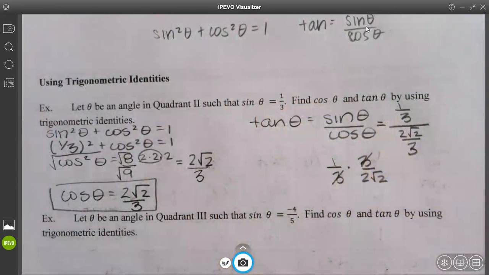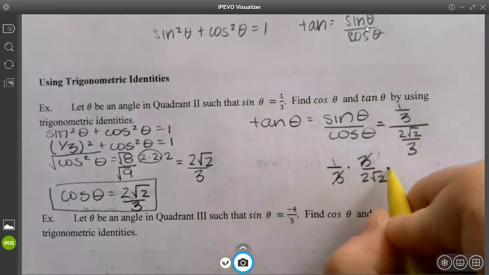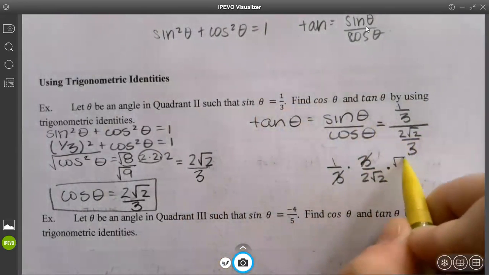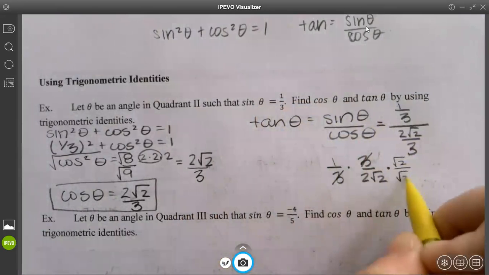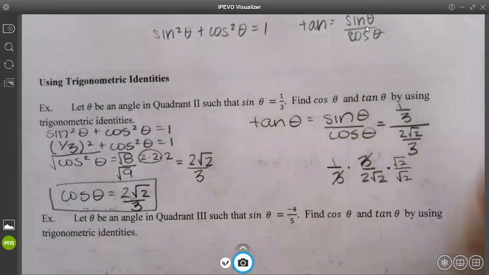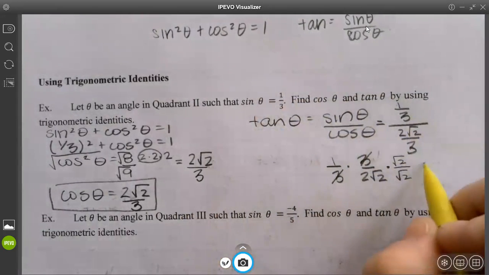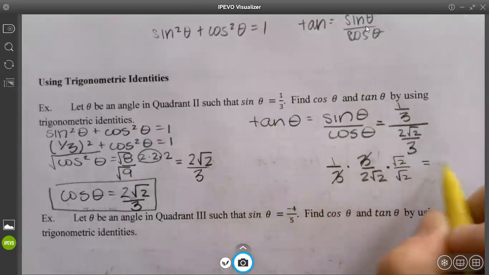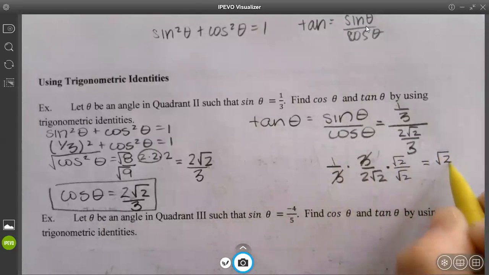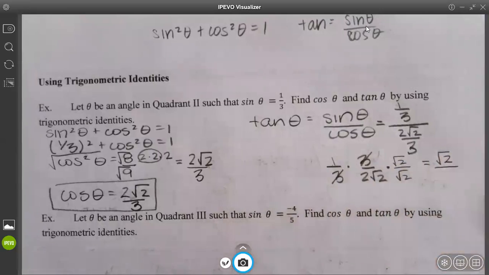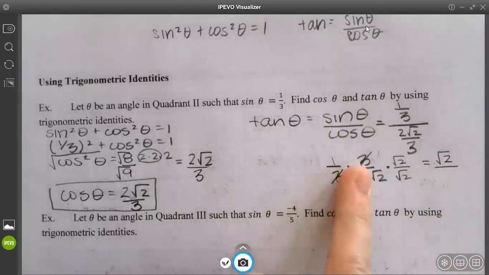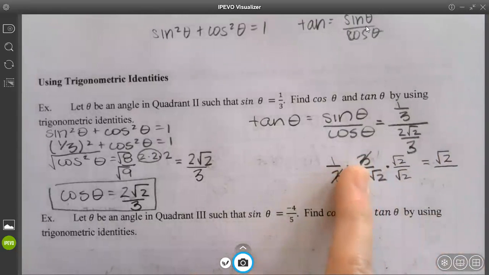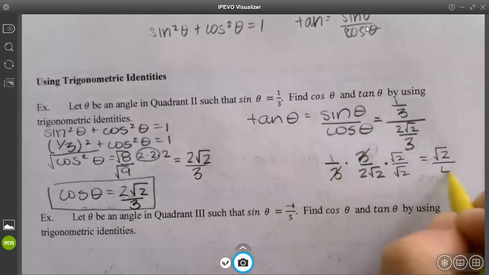What do we multiply by? Just the square root of 2. Do not multiply by that other 2. Just what you need to get rid of. So on the top, 1 times the square root of 2 is? On the bottom, what would that have turned into if it was just square root 2 times square root 2? 2. Times 2 is? That's it.